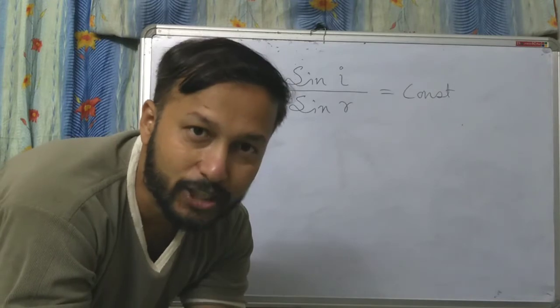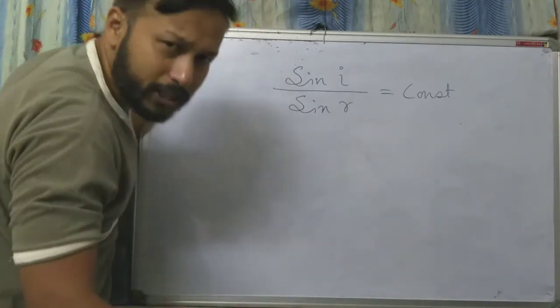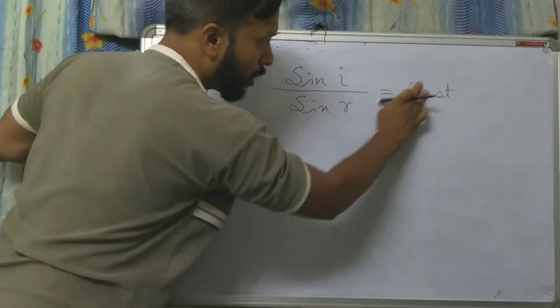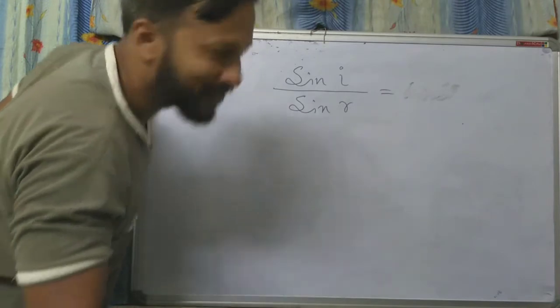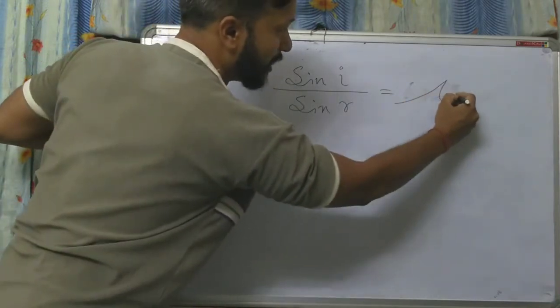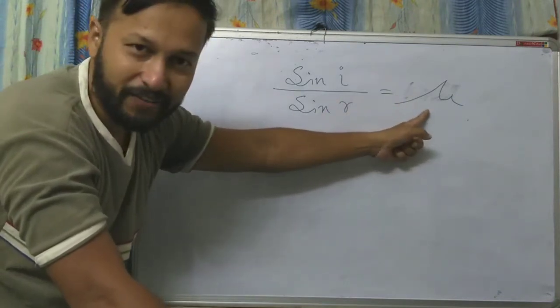Don't forget, it's called refractive index. It also has a special symbol, mu. So mu is refractive index.